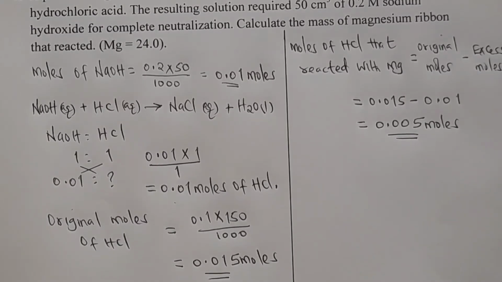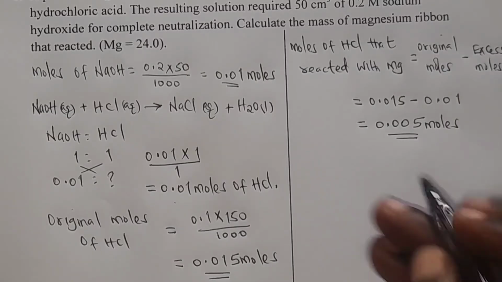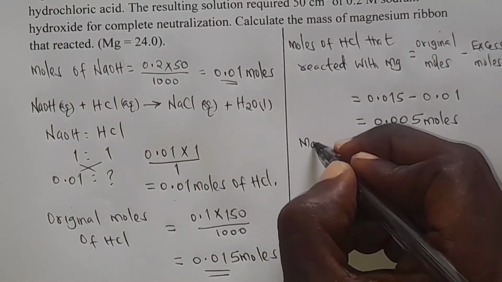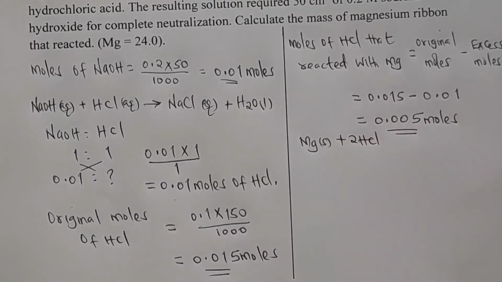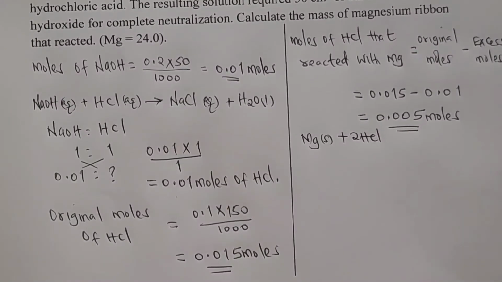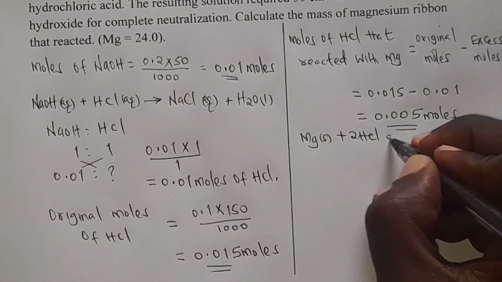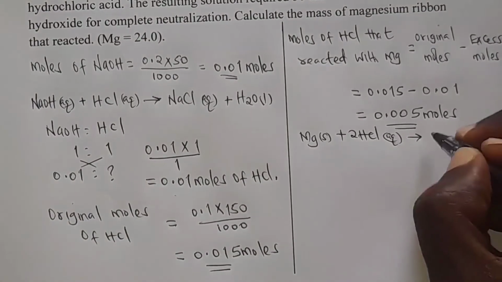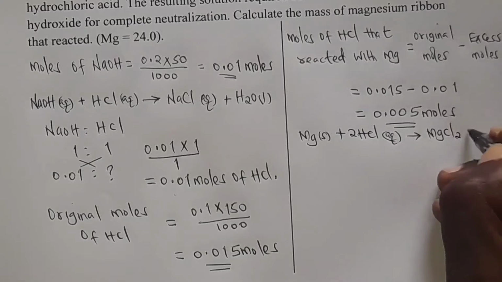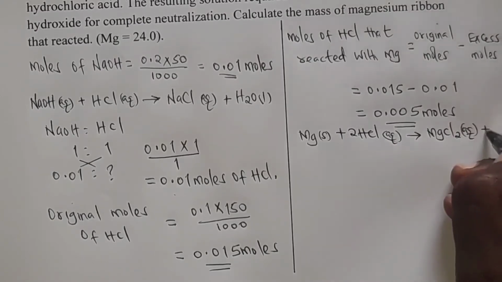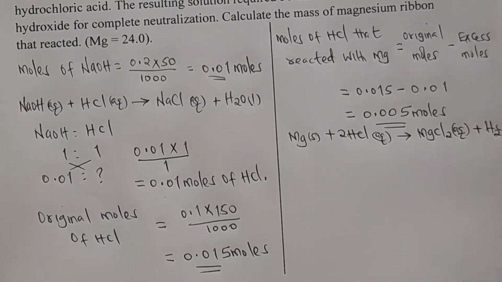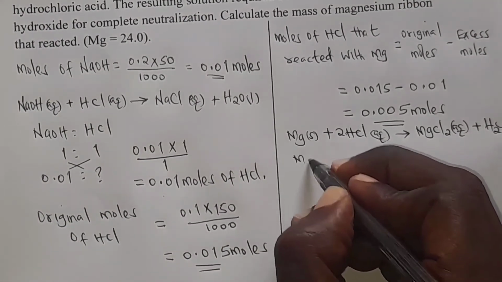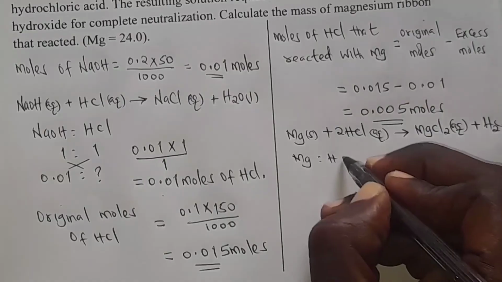Okay, next we have to get the number of moles of magnesium ribbon that reacted with hydrochloric acid, and for that we can use the mole ratio. Magnesium ribbon reacting with hydrochloric acid gives magnesium chloride plus hydrogen gas. Let us see the mole ratio between magnesium and hydrochloric acid.